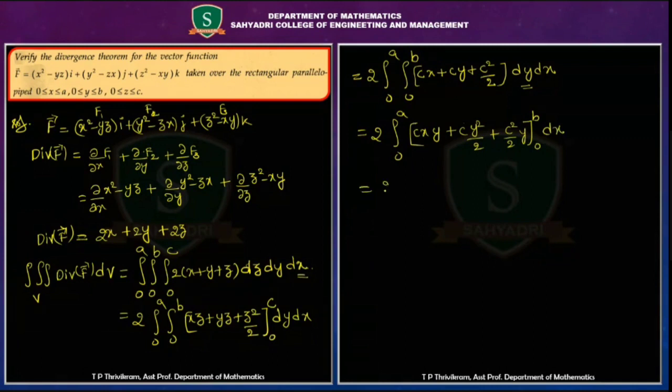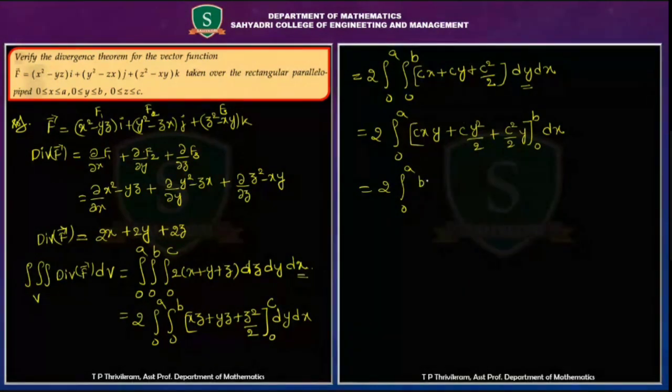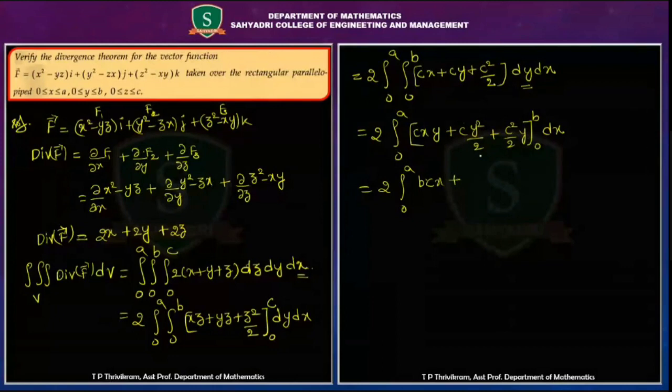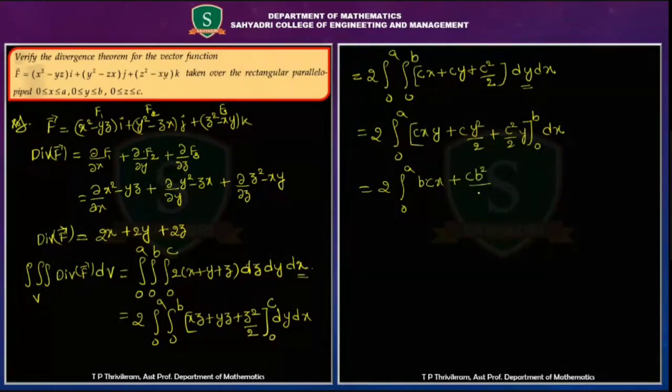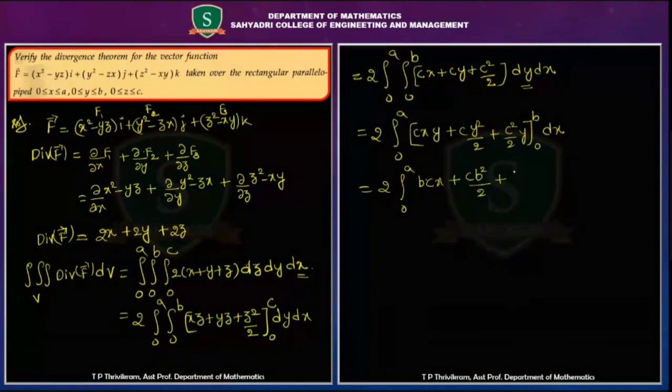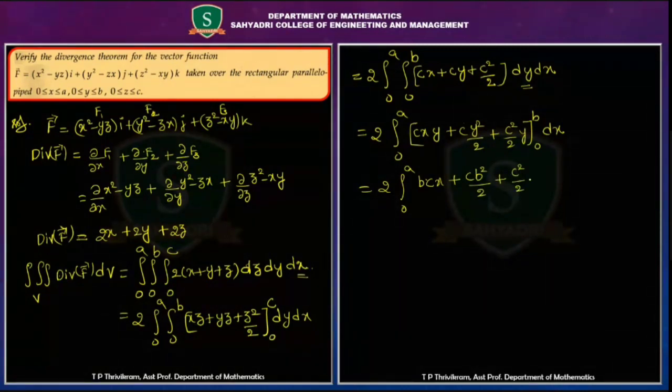So this one is equal to 2 into integral 0 to a. Okay, apply the limits. How much you'll get? bcx plus cb square by 2 plus c square by 2 into b dx.